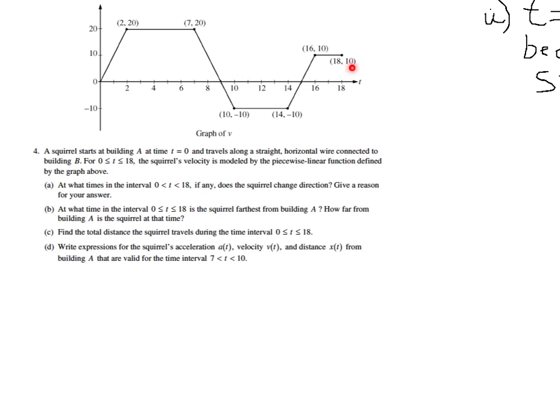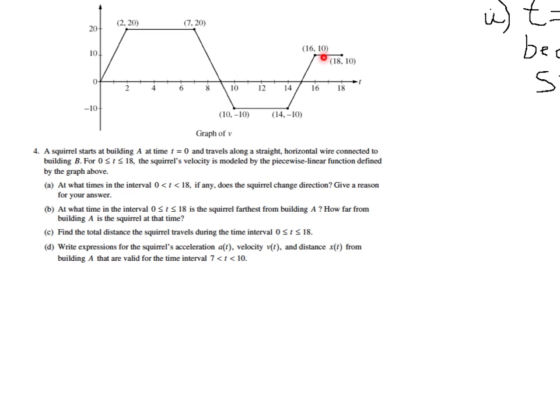And then again, he starts going away from the building, but because we can see that here he's going back towards the building for 5 seconds at a velocity of negative 10 units per second, or hour. I'm not sure, they don't give us units here. And then when he turns around, he only goes away from the building for a total of 3 seconds.